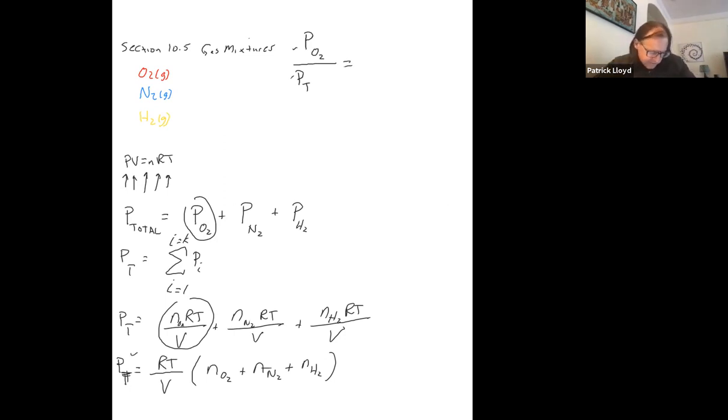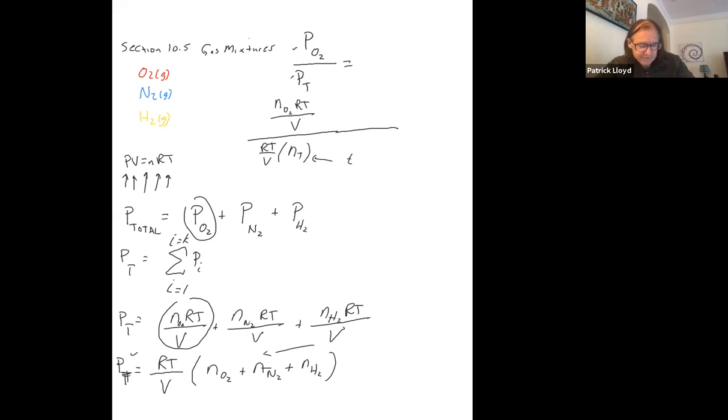Now I'm going to write this down over here. You would have n_O2 RT over V. So there's your pressure of the O2 divided by this whole mess down here, right? This one right here. RT over V times the total number of moles.